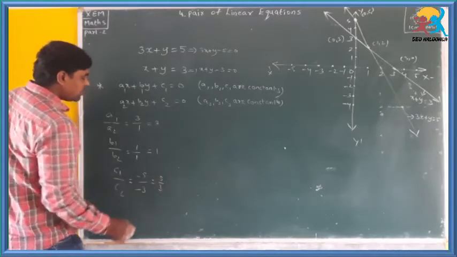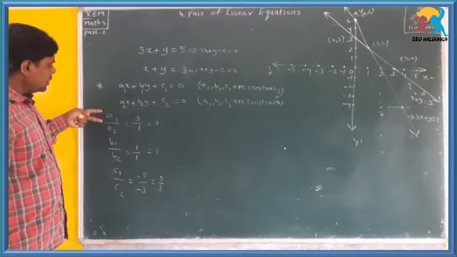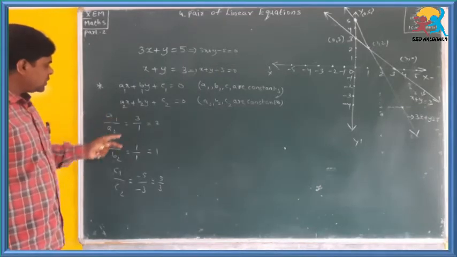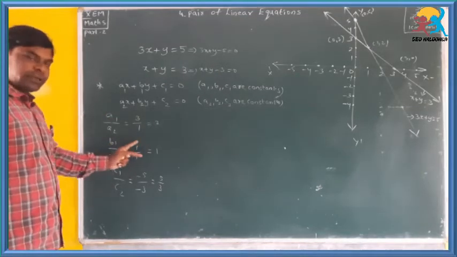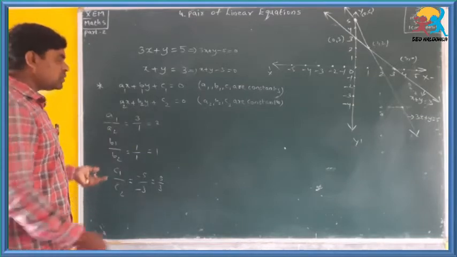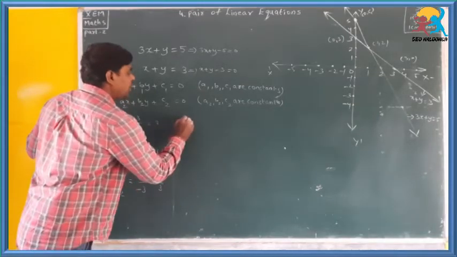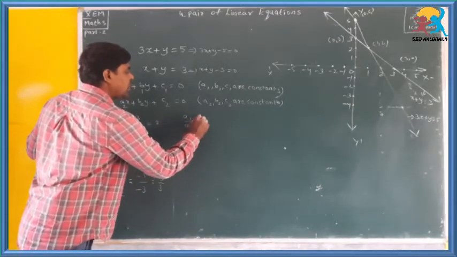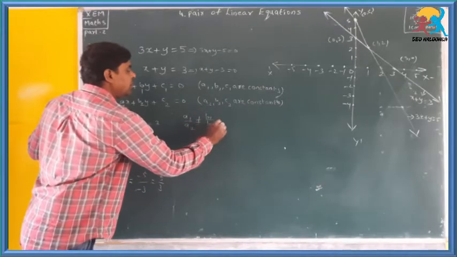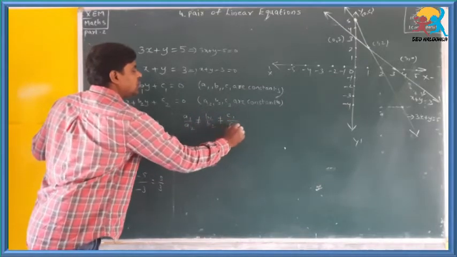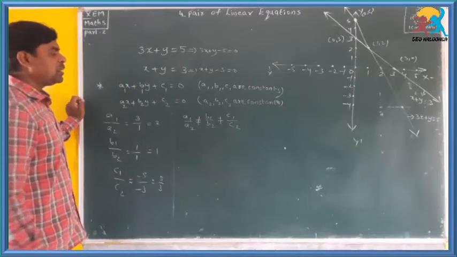Here what happened, a1 by a2 value is different, b1 by b2 value is different, c1 by c2 value is also different. So, we can write a1 by a2 not equal to b1 by b2, that is not equal to c1 by c2.